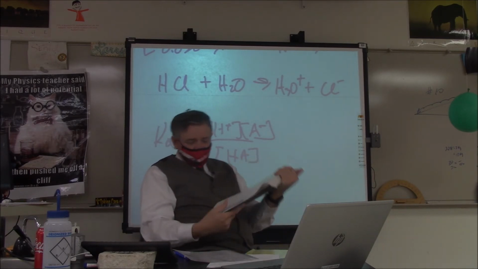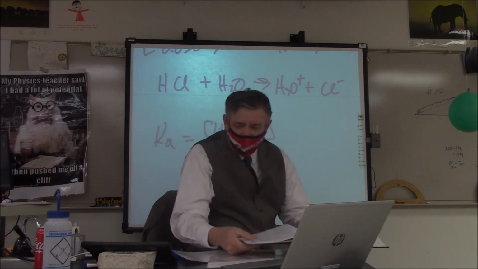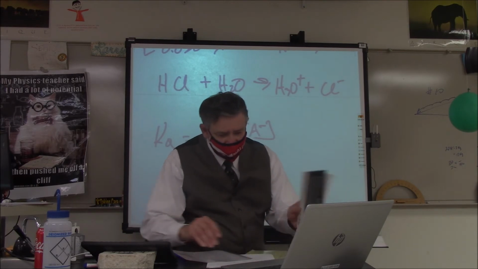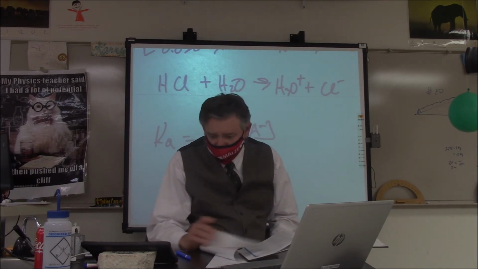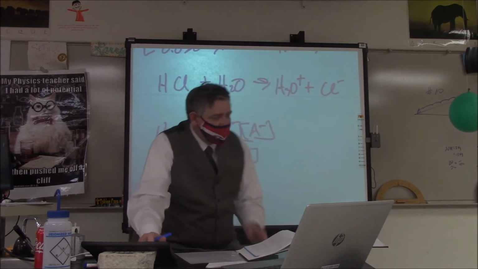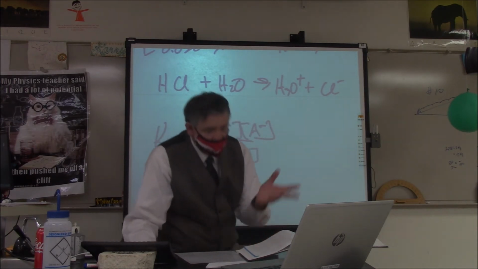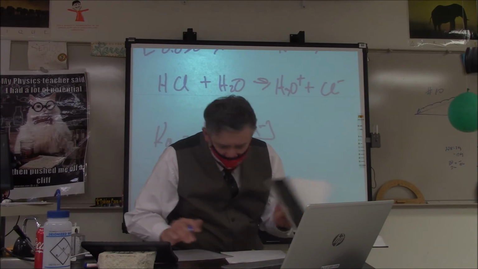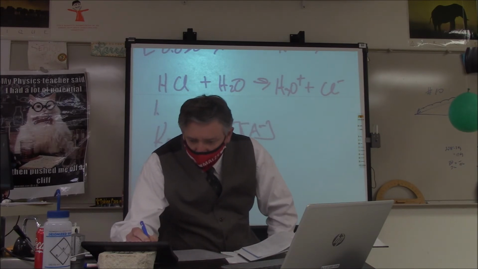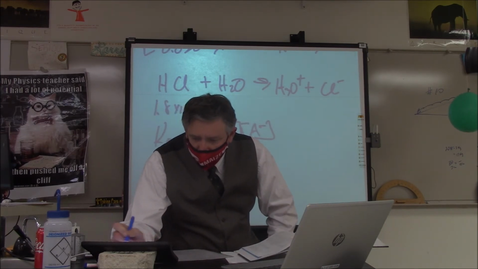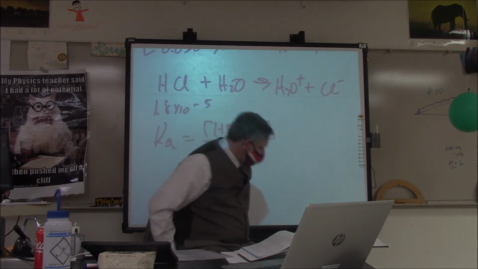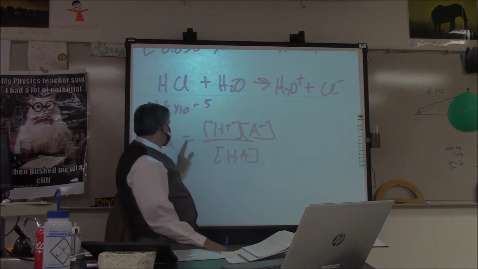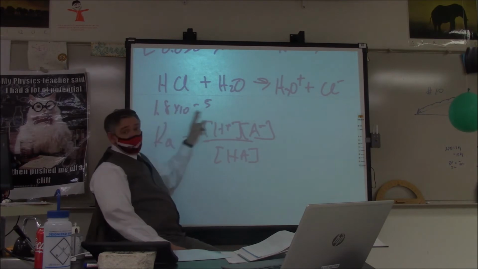So here's the deal. When you look at this in terms of being in equilibrium, if you look at acetic acid, and I gave you that Ka value, which was 1.8 times 10 to the negative fifth, what that means is that Mother Nature wants this number, okay?